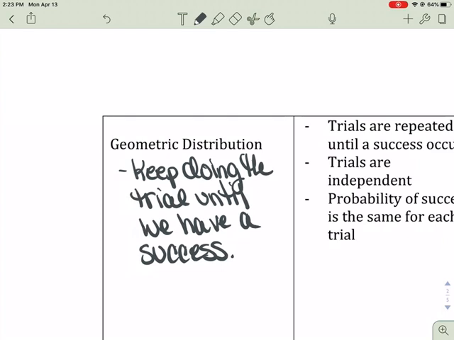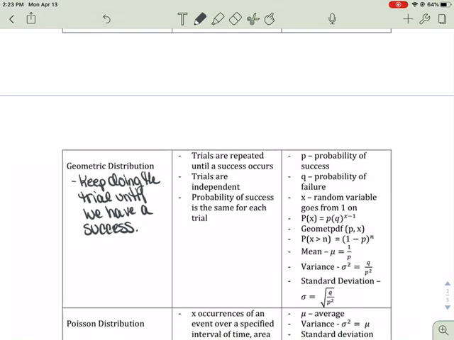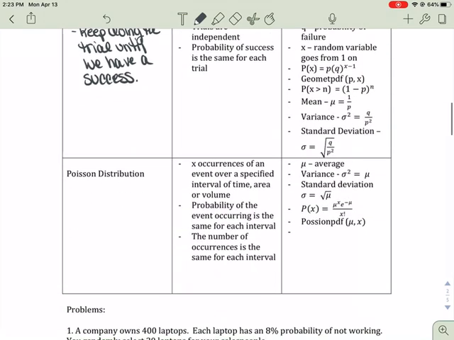Unlike binomial, where I'm doing it 5 times, here I could be doing it 30 times and then get a success. There's no set number of trials. We still have the P and Q and the random variable, but the random variable starts at 1, not at 0. We have a formula, geometPDF, and online calculators, so you have a couple of choices, and then you have your mean, variance, and standard deviation formulas.